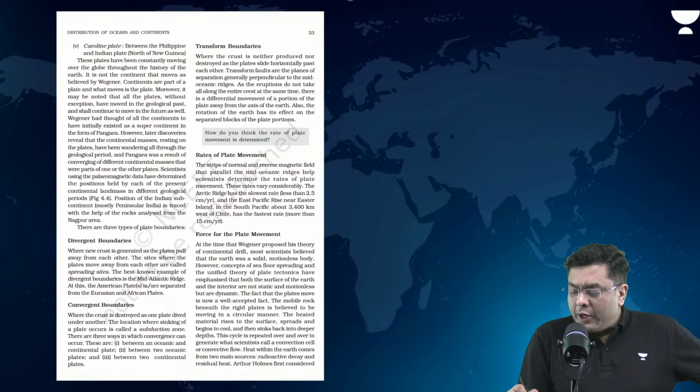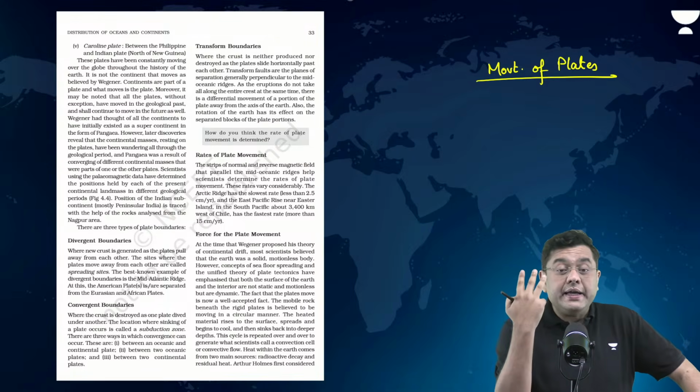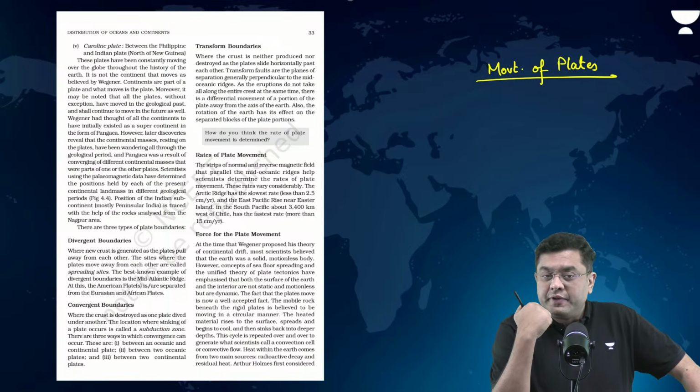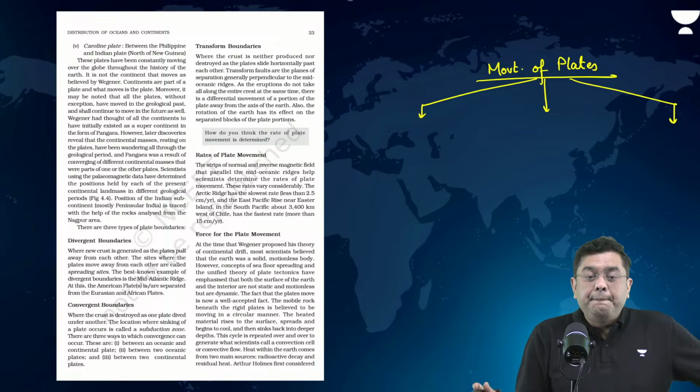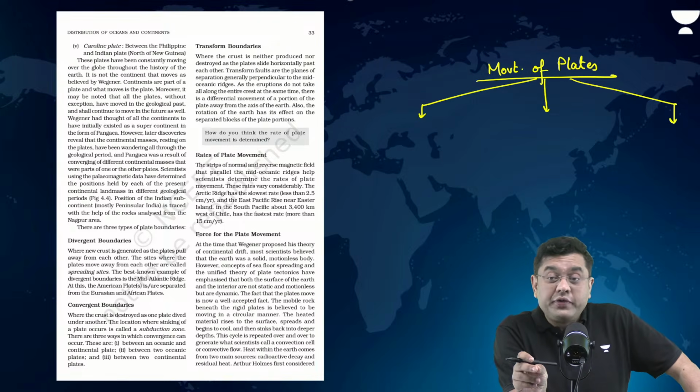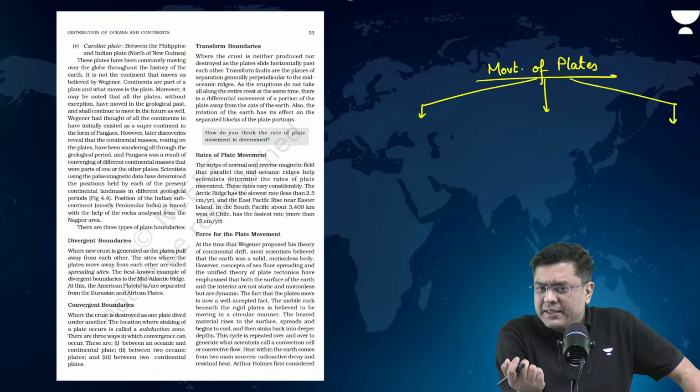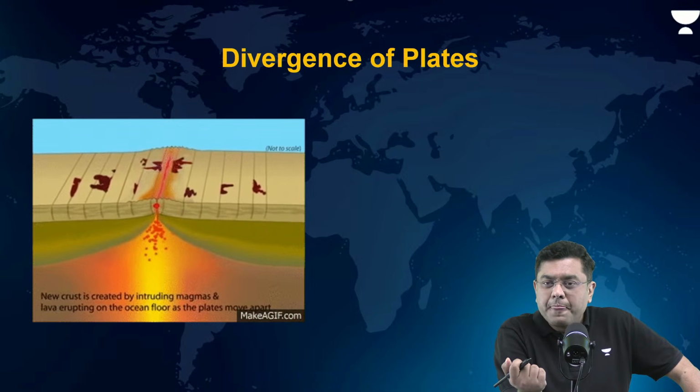So when we talk about the movement of plates, movement of plates can be in three different types. What are the three types of movement that the plates can have? Plates can either move towards each other, plates can move away from each other, or plates can move parallel to each other, right? How does it look like?